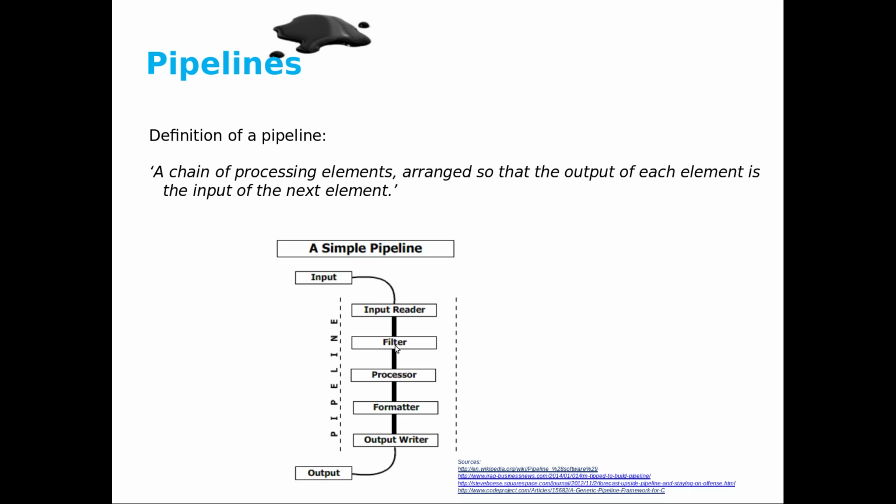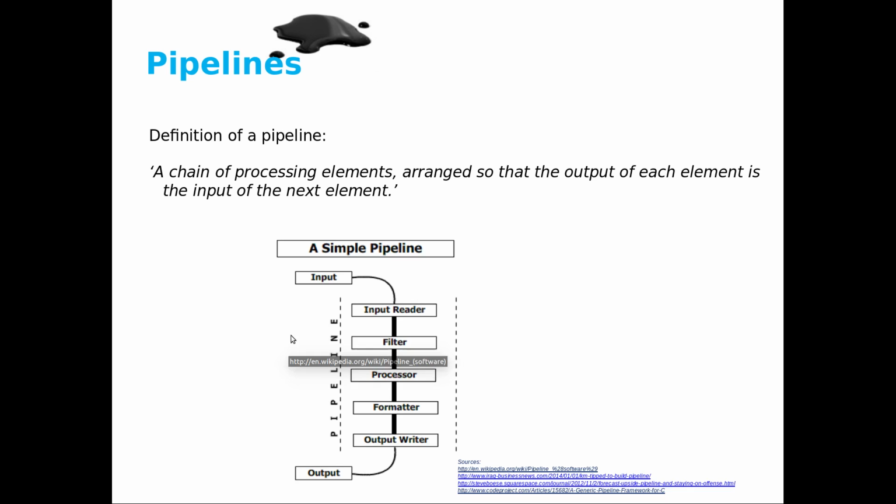The filter filters these data, and the output of filter goes as input to the processor. The processor processes the data, and the output of processor goes to formatter as input. The data has been formatted, and when it's formatted, the output of it goes to output writer as input, and ultimately the output of output writer is saved. And then the pipeline has run.